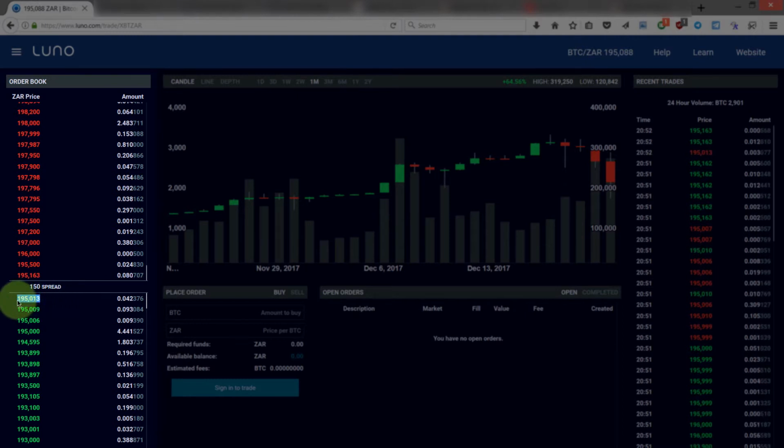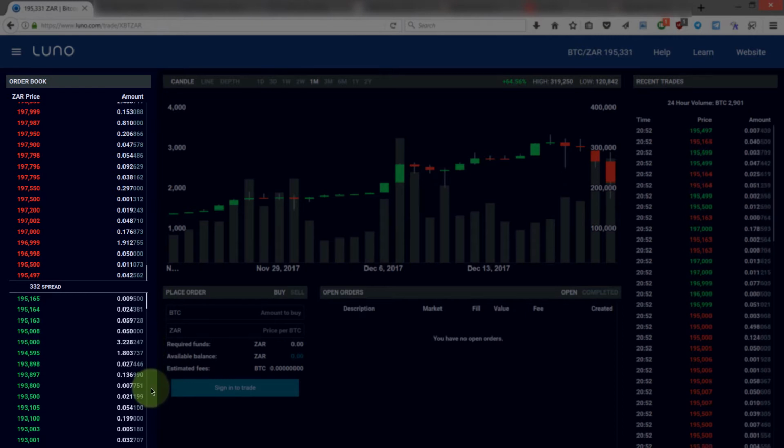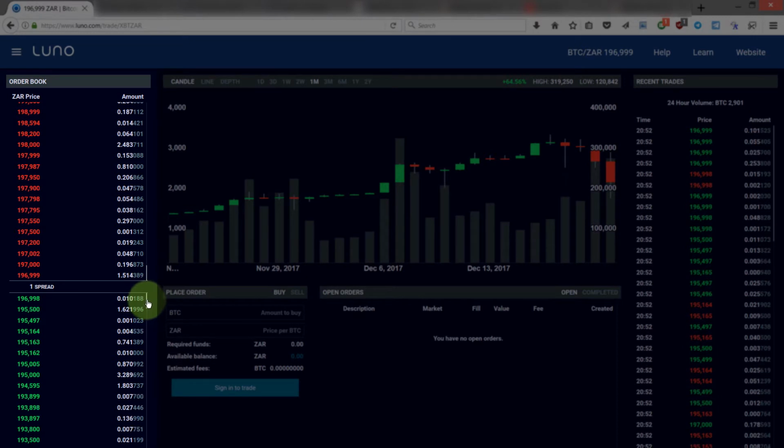At the top is the lowest bid. This person's saying, look, I am happy to pay 195,000 Rand for this amount of Bitcoin. And you can scroll down this list and see that as it goes down, people are willing to pay less and less for Bitcoin. So the price of Bitcoin has to drop very drastically for these orders down below, and it keeps on jumping up.